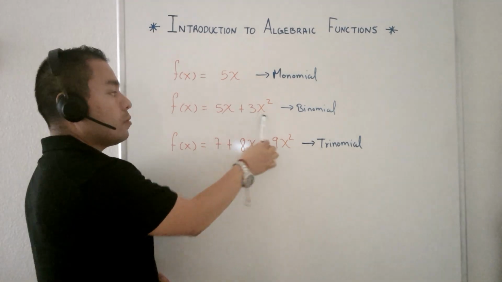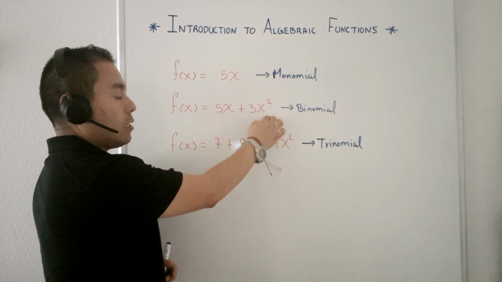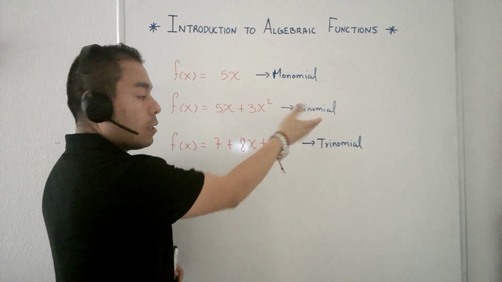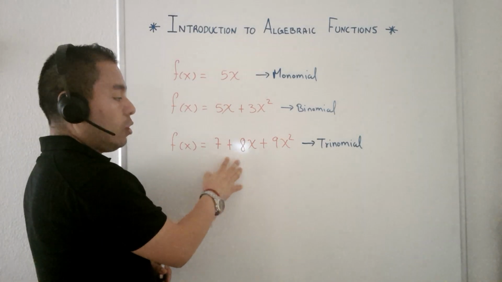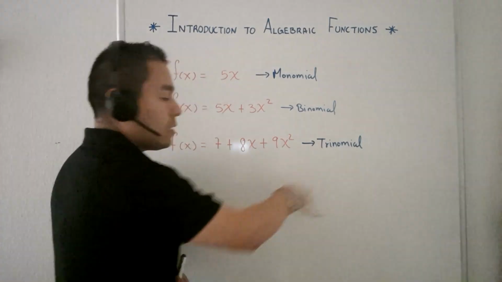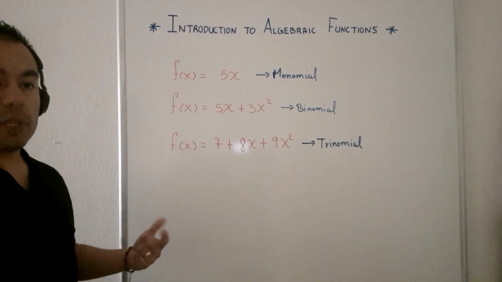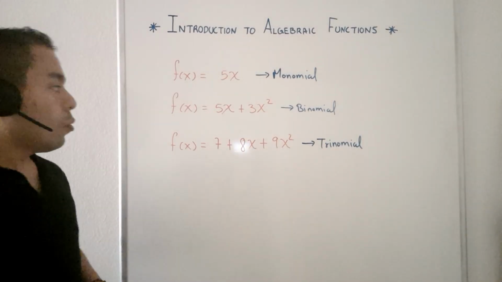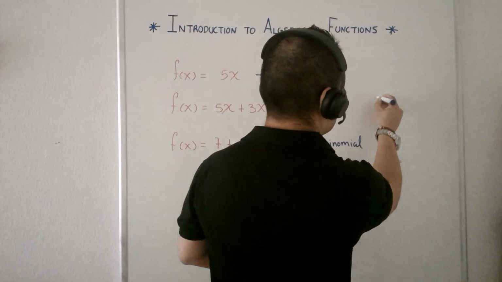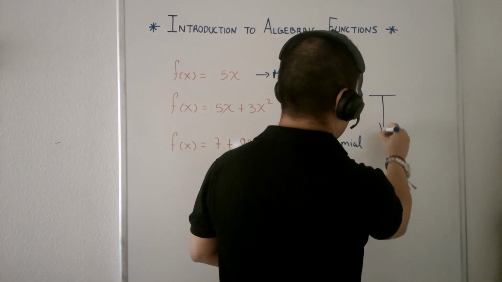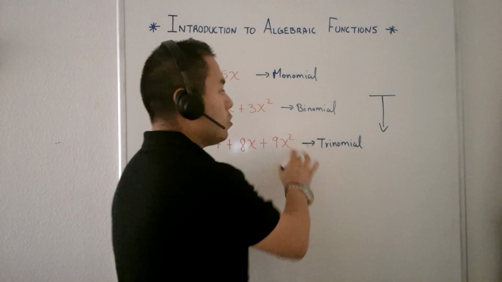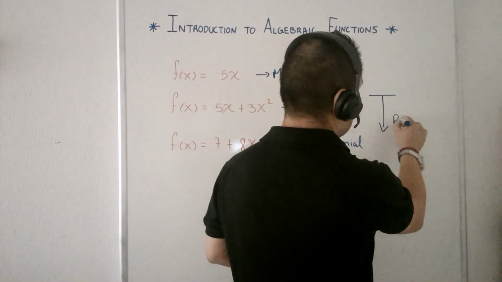If we have 2 terms, for example here 5x plus 3x squared, we call them binomials. And if we have 3 terms, trinomials. And there is another way to call them. If you have at least 2 terms, we call them polynomials. So from here to any other number of terms, we call them polynomials.